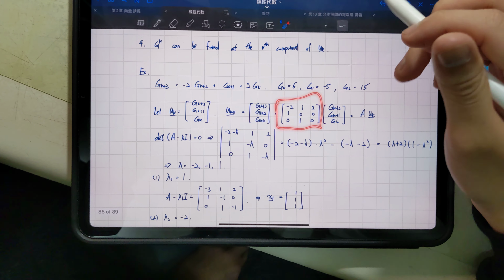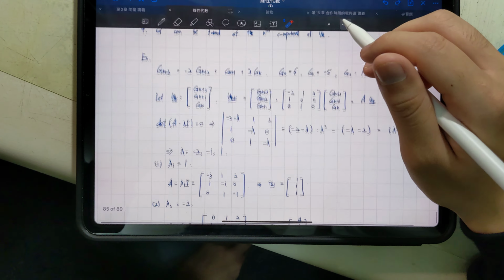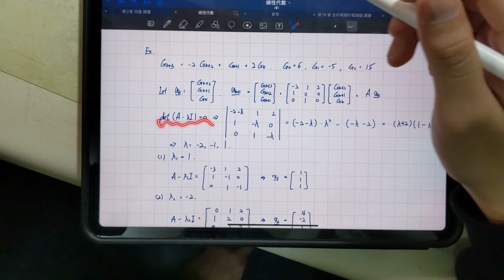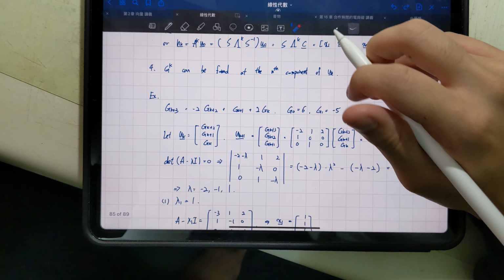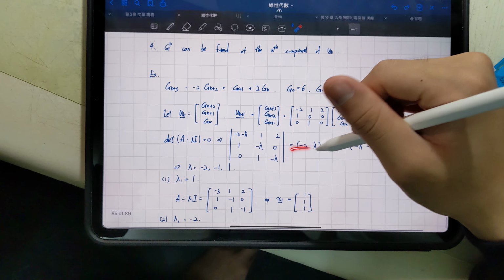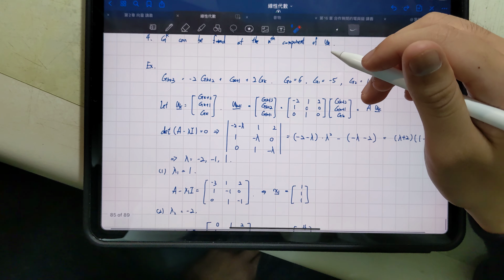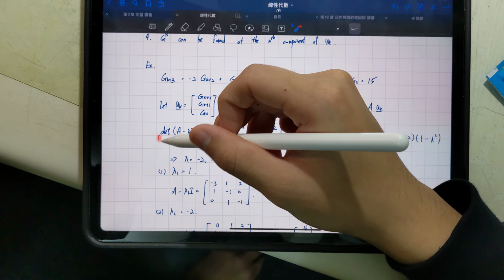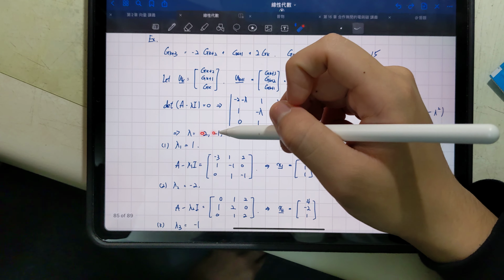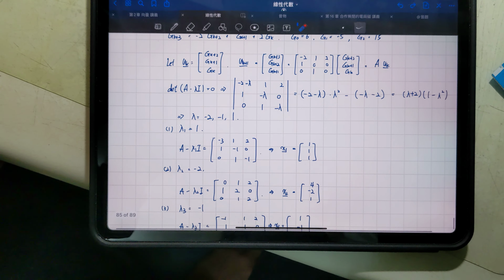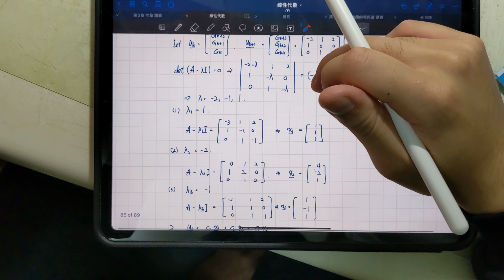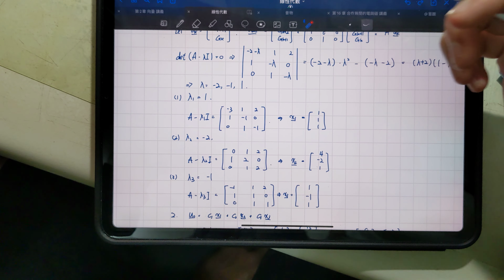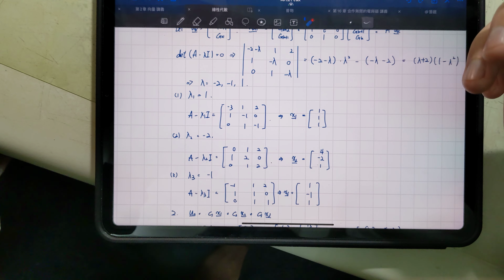First we calculate the eigenvalues of this matrix by solving the equation determinant of A minus lambda I equals 0. The solutions are lambda equal to negative 2, negative 1, or 1, and these three numbers are the eigenvalues of A. From the eigenvalues, we can get the eigenvectors.